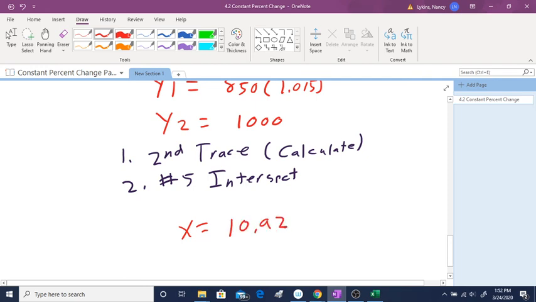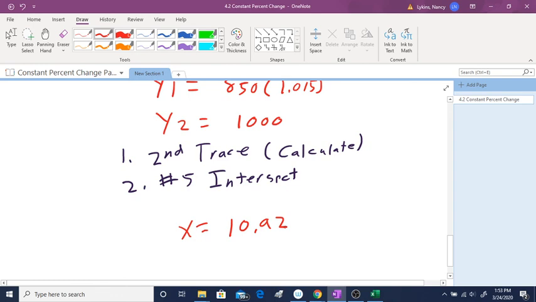So this is just like what we did in the linear functions or linear equations. You have your y1 and y2, put your equation in one of them, and whatever we're trying to figure out in the second one, because if you're trying to figure out what the time is, we're trying to figure out what that exponent is. So if you hit second trace, that gives you the calculate, option number 5 intersect, and this is how you can come up with your exponent.